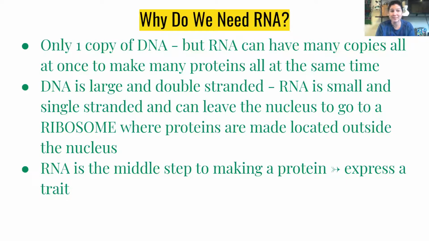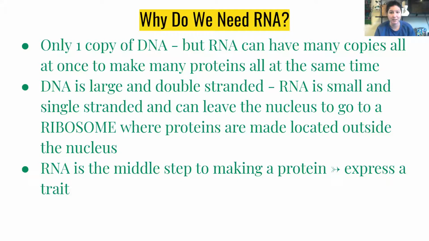The other thing is DNA is large. It is huge. We've talked about how if you stretched your DNA out, it was like 6,000 million miles long. RNA can be really, really tiny. And because it's single-stranded and small, it can actually leave our nucleus. Our DNA can't leave the nucleus. It's stuck in there. And if you're trying to make a protein, ribosomes are only located on the outside of the nucleus.